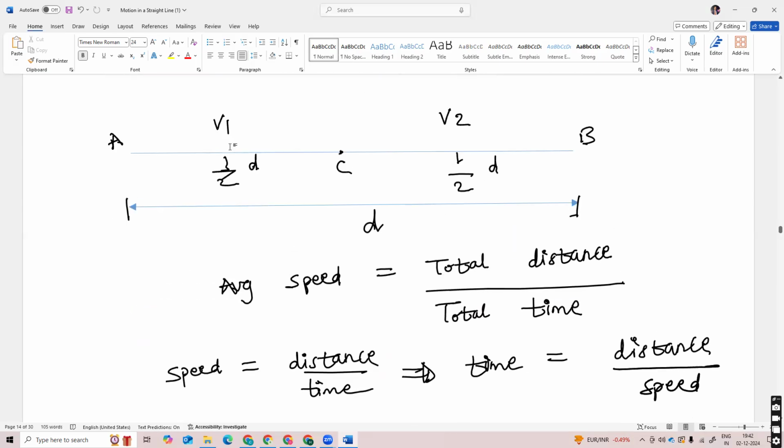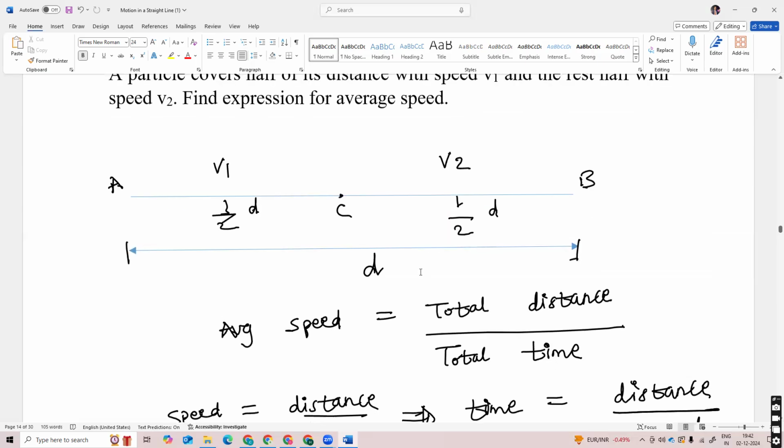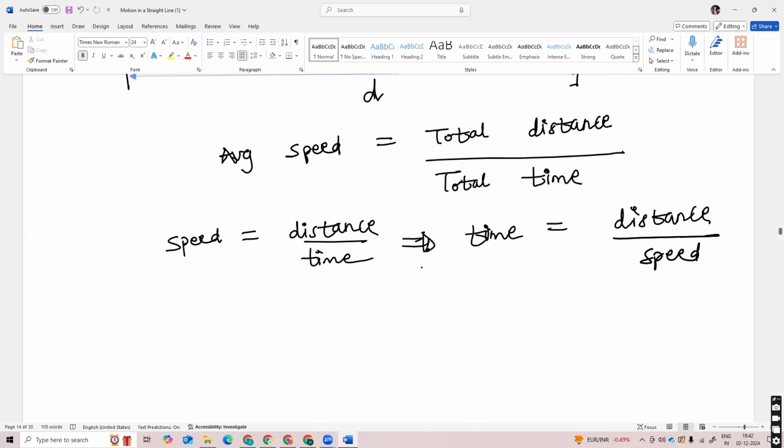The distance is half of the total distance, that is 1 by 2 times d, and the speed from A to C was v1. Let's call this time t1.